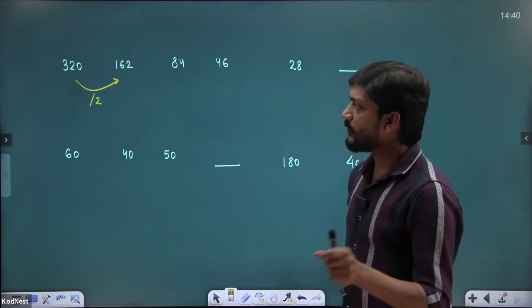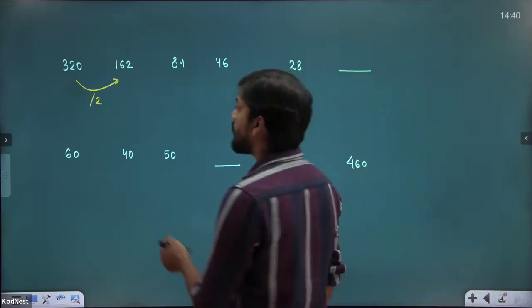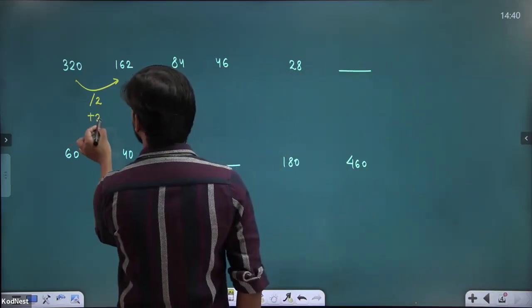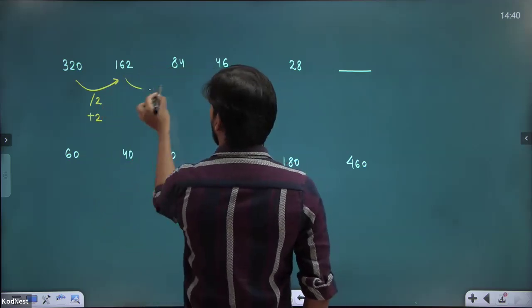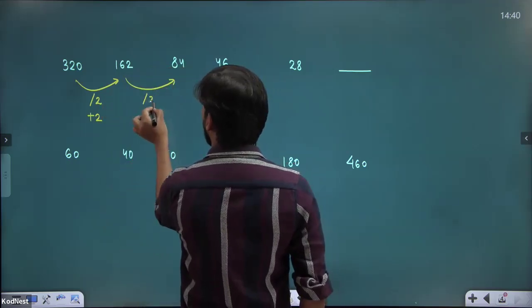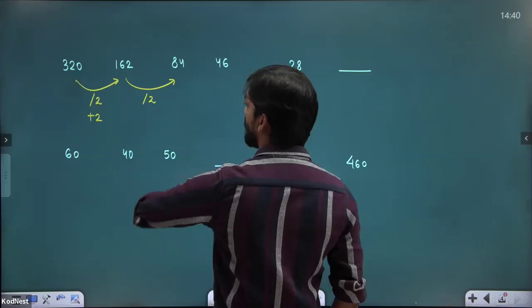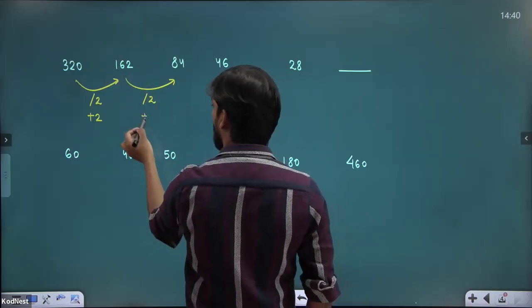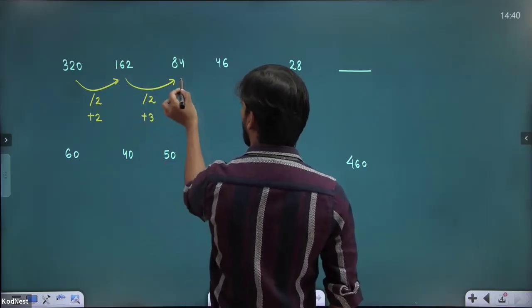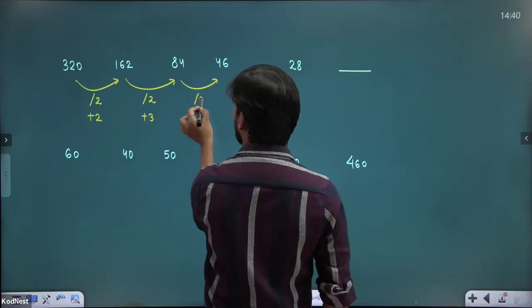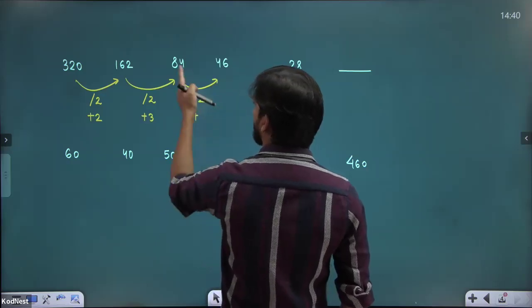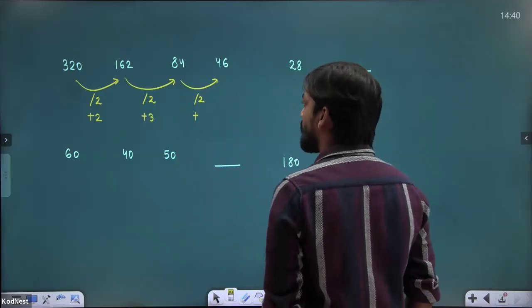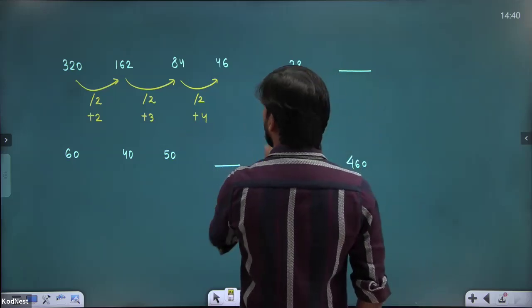Divide by 2 will give you 160, and 160 plus 2 will give you 162. Now, if I divide by 2 again, I will get somewhere close to 84, but not exactly. 162 divided by 2 will give you 81. 81 plus 3, 84. Again, take half and plus 4. 84 by 2, 42. 42 plus 4, 46.